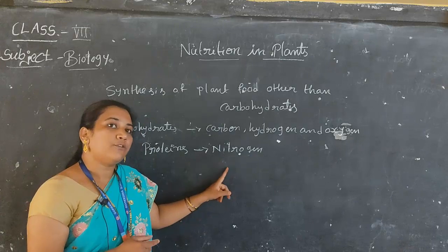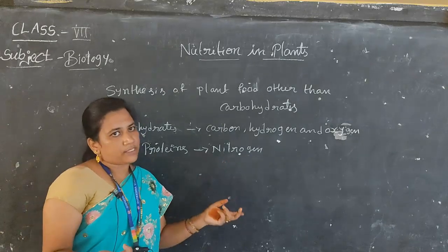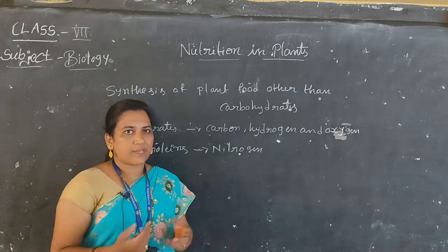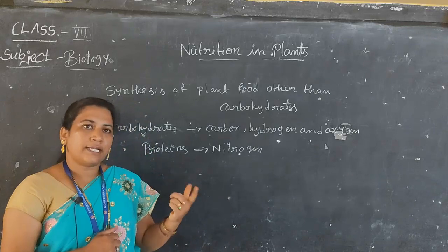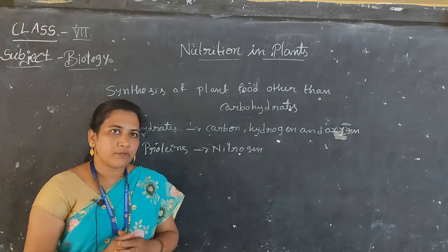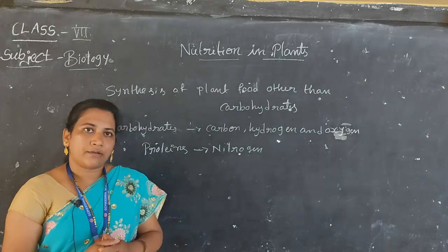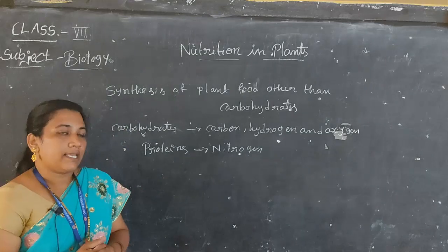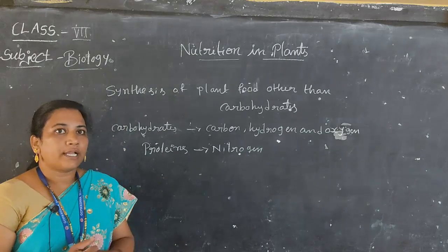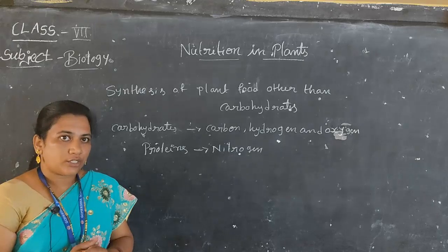Okay, from where will plants get this nitrogen? In the atmosphere nitrogen is present. Can plants take that nitrogen directly from the atmosphere? No, plants cannot absorb nitrogen directly from the atmosphere. So here, certain bacteria are present in root nodules.